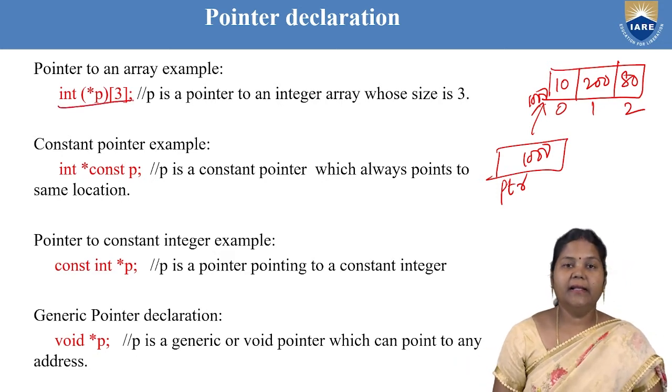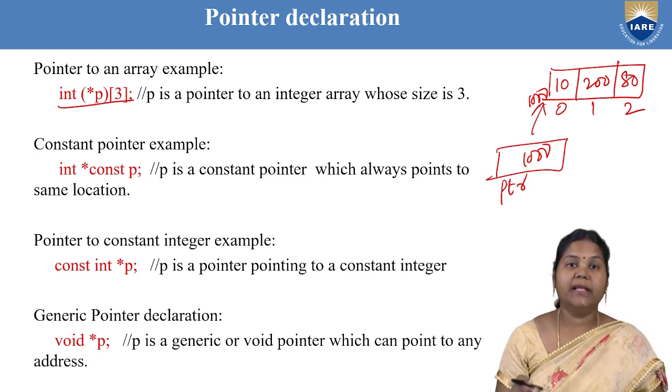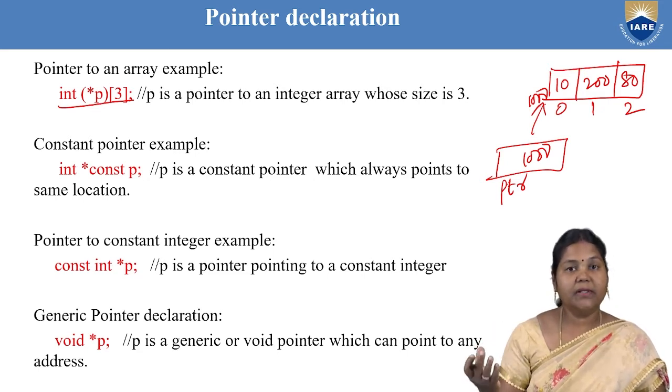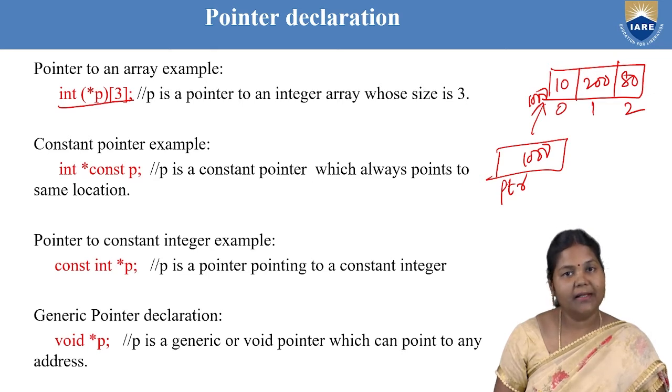So here int star p of 3 is nothing but p is a pointer to an integer array whose size is 3. That array may or may not have a name. If you are storing the address of the array, then even without a name for the array, you can always access the elements of the array and do the array operations through the pointer. So this concept is called pointer to an array.